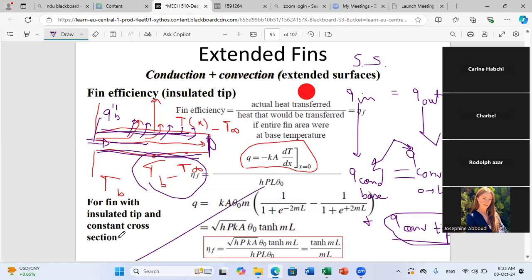I do h times the lateral area of the fin, and the lateral area of the fin is the perimeter of the fin times its length, P times L, times the difference in temperature. We said the maximum temperature difference is T base minus T infinity, which is theta at x equals 0. So the heat that would be transferred if the entire fin is at base temperature is h P L theta 0.